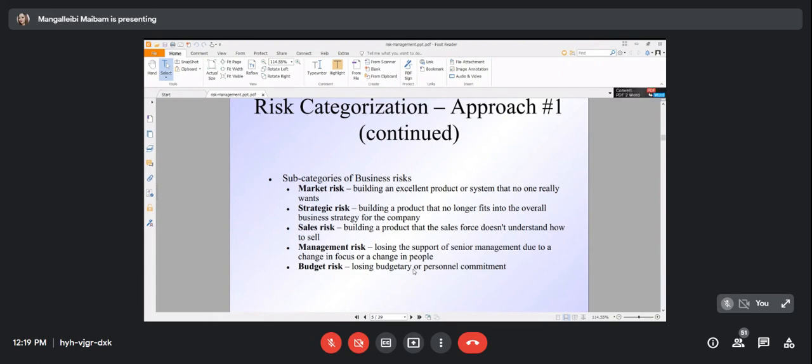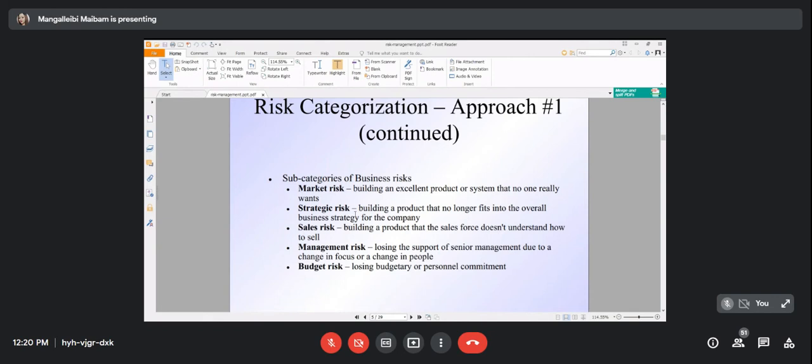Business risks are one kind of important risks normally faced in all companies and in all software development processes. Because once you develop a software product, we don't know whether we can easily sell the product to the market, or if there is any problem in the management, or in the budget, or whether a customer can afford the product or not.